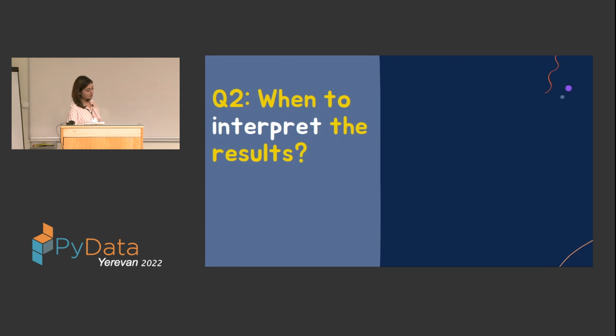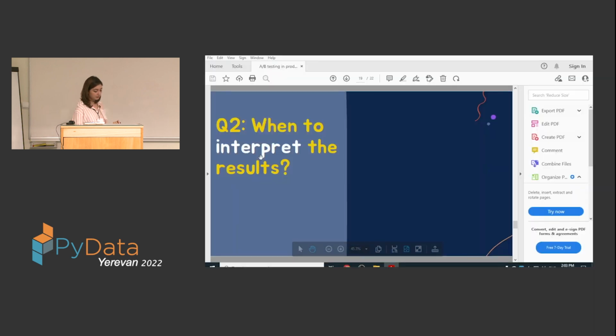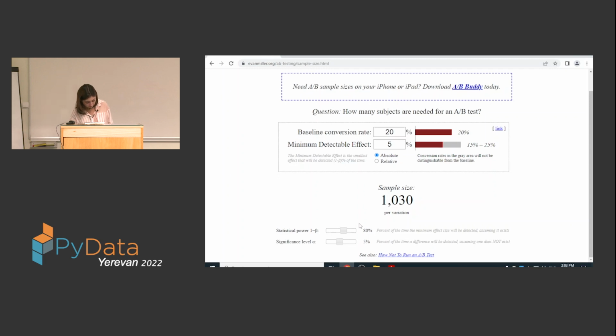So when to interpret the results? As we were talking about the alpha and beta, this is the sacrifice that we are actually eager to make to run the experimentation. I like this calculator very much. This is Evan Miller's A/B testing calculator. This is the baseline conversion rate. For example, we have 20% conversion for this feature, and we want to see a 5% effect for our alternative hypothesis.